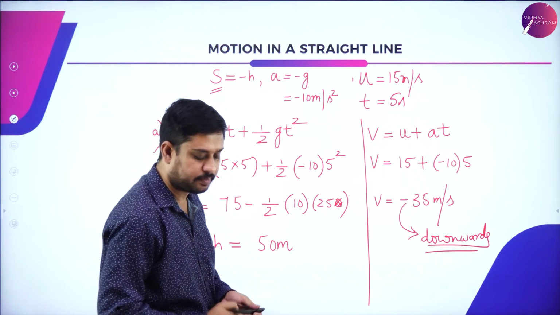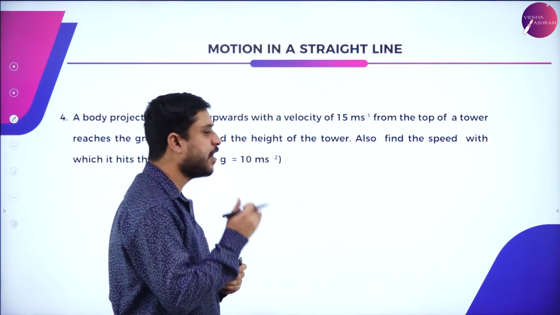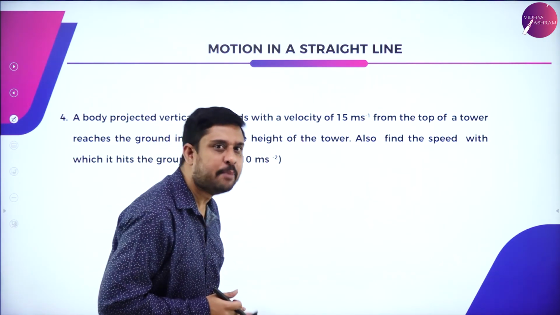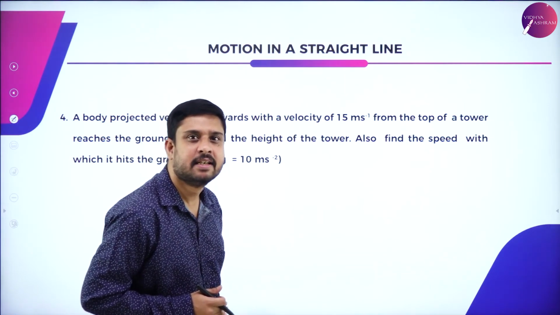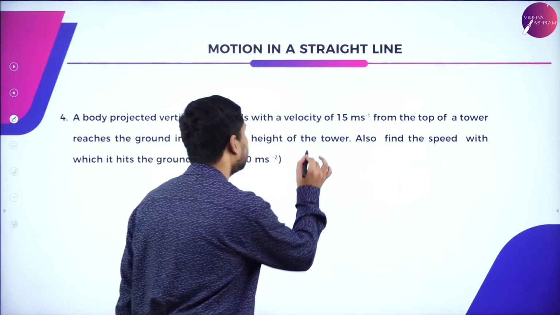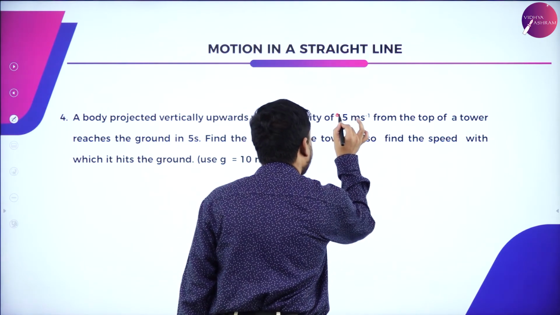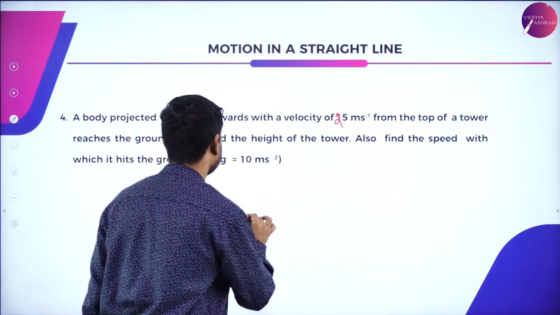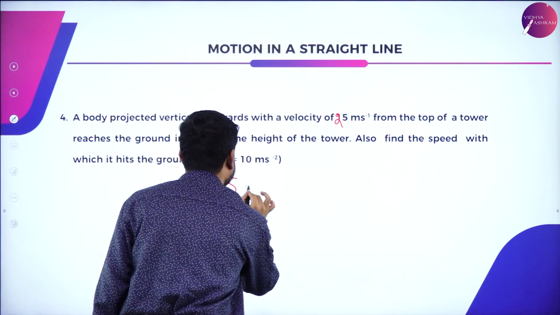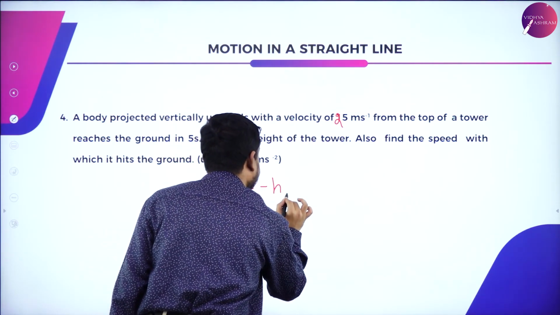The next one. The same way, the same problem, we will just change the data. Now I say this is an assignment problem for y'all. Again, S is minus h.